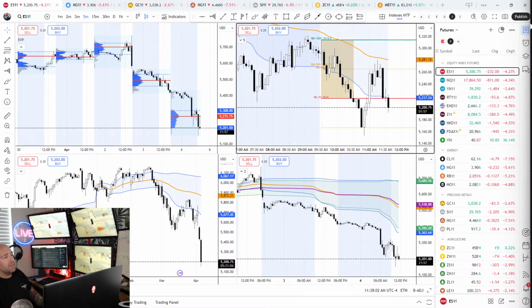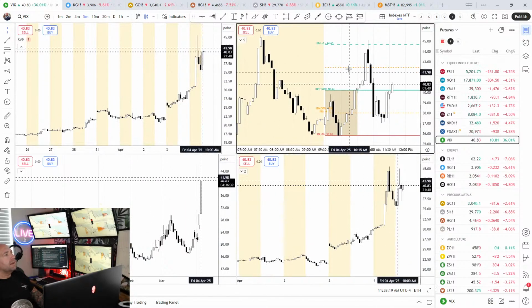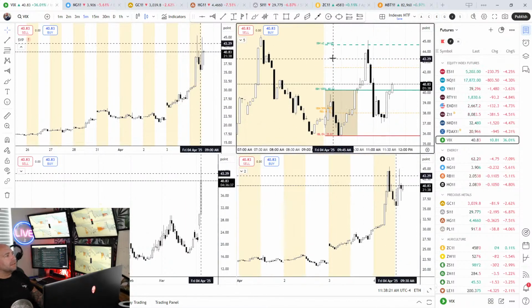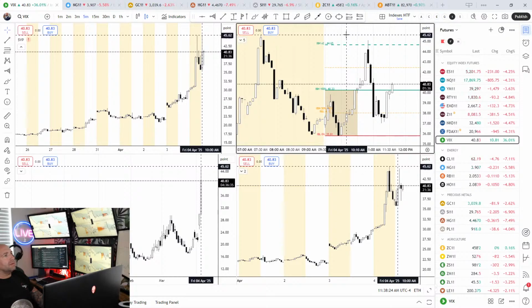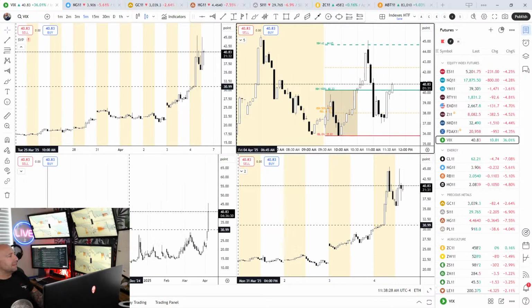This is some serious volatility, guys. VIX is at 40. Let's take a look at the VIX. This is live VIX data I pay for. Spot gold extends declines, last down 3%. It was at 45. Look at that.